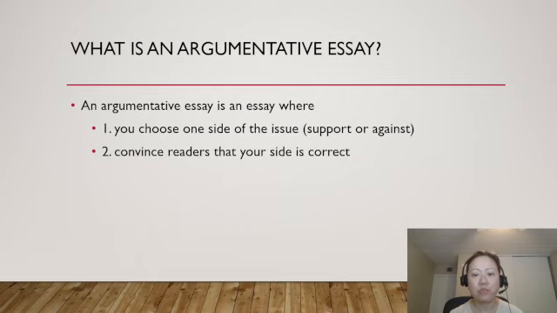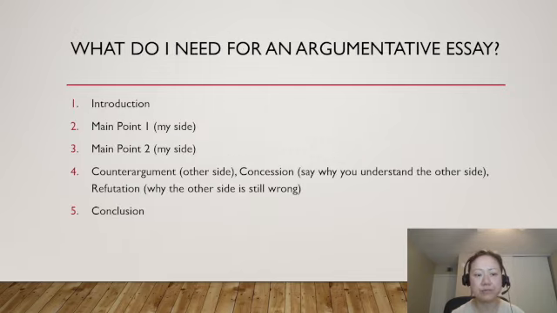One way is to also present the other side of the argument so that you show your readers you have considered both sides of the argument, not just being stubborn and stuck to your own side, that you've actually thought about what the other side is thinking. So that's one way to convince your readers that, hey, I reviewed both sides and finally, my side is still what I support. So what do I need for an argumentative essay?